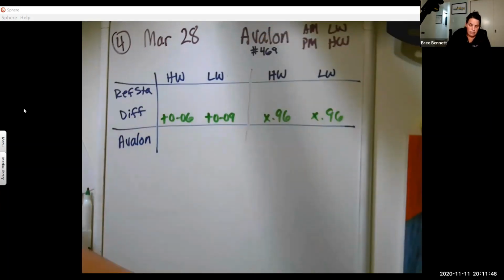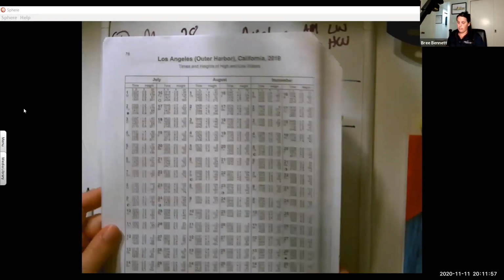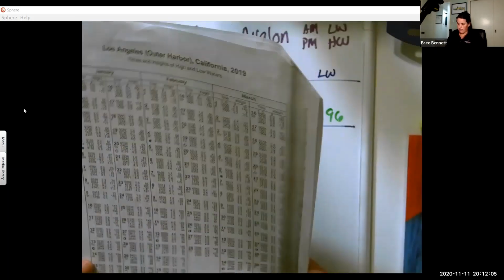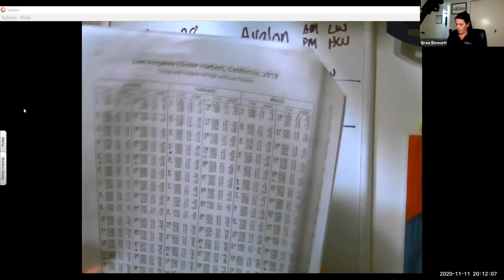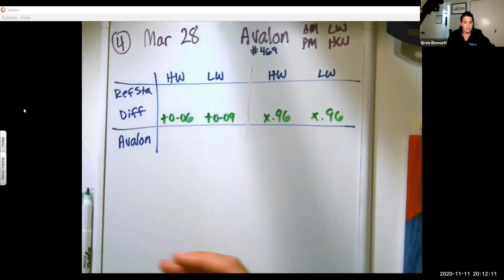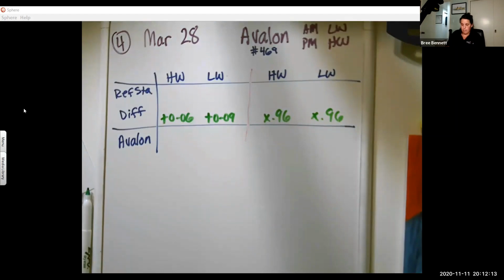And then I follow my finger all the way up and see my reference station is Los Angeles. So I go to Los Angeles tables for my table 1. And I am looking at March. So I have March 28th. And this is going to be a daylight savings one, but let's just put our numbers in first before I get ahead of myself.